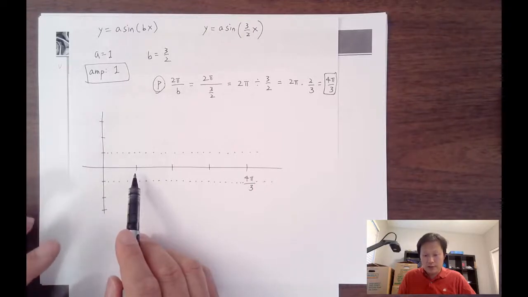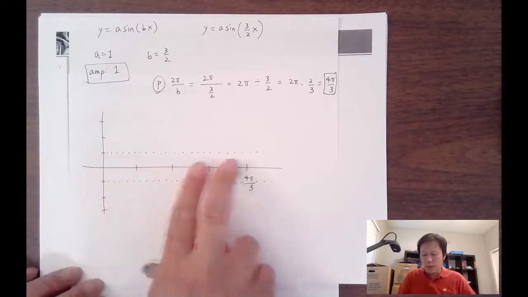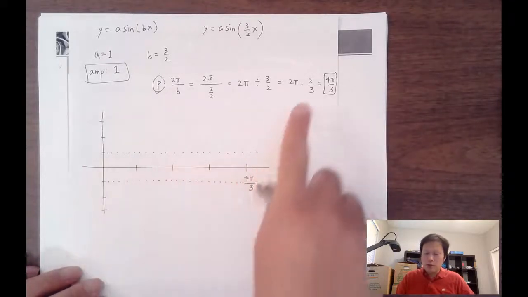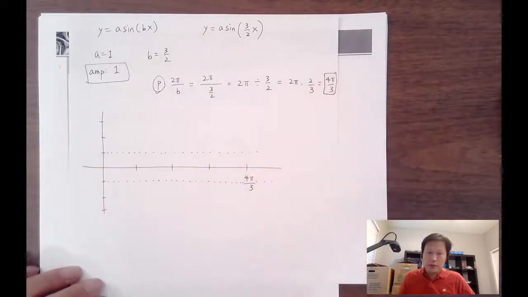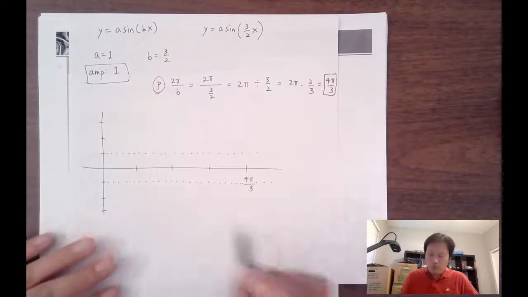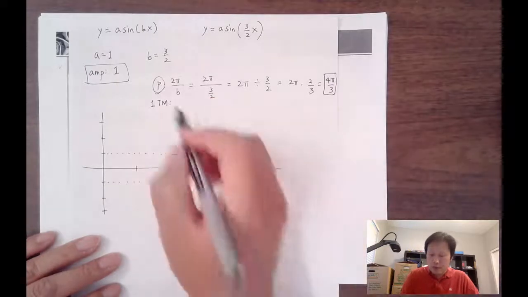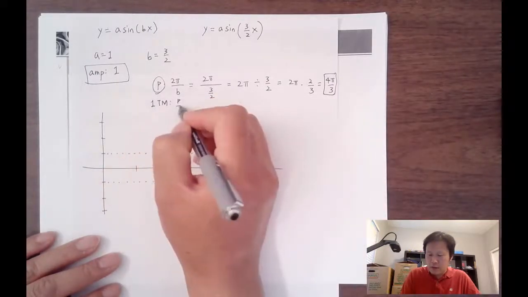As you can see, there are 1, 2, 3, 4 different sections within this one period. So you need to divide this one period by 4. One tick mark is the period divided by 4.